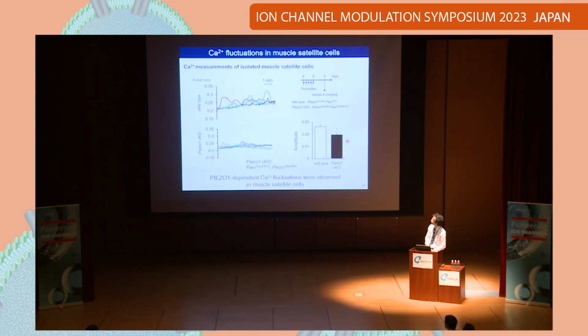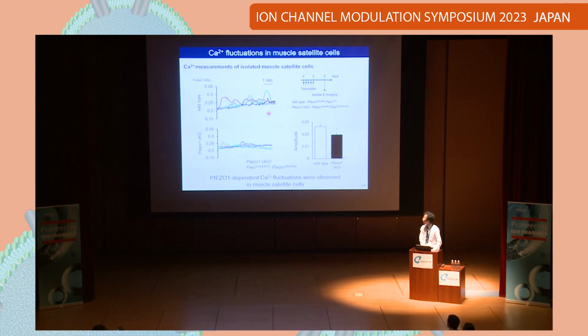To evaluate the Piezo1 function in satellite cells, we performed calcium measurements using the calcium indicator Fura-2. After isolation of muscle satellite cells from skeletal muscle, we performed calcium measurements.